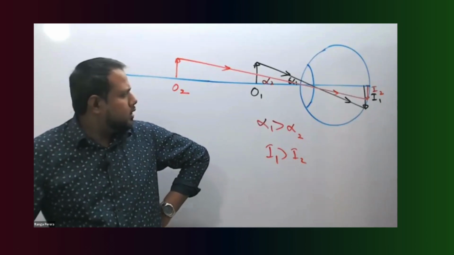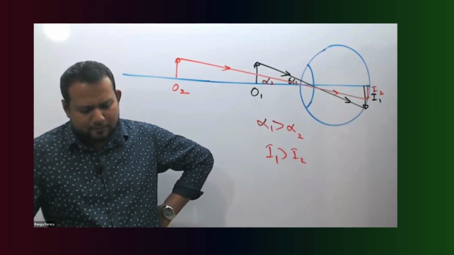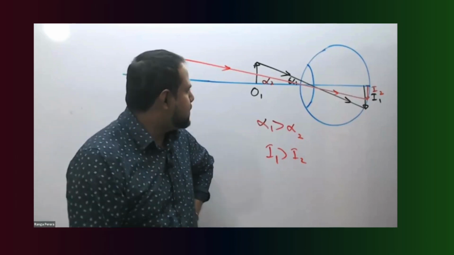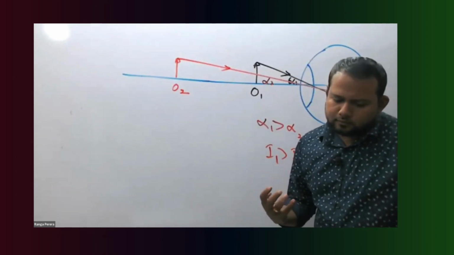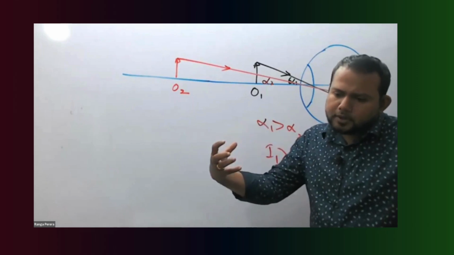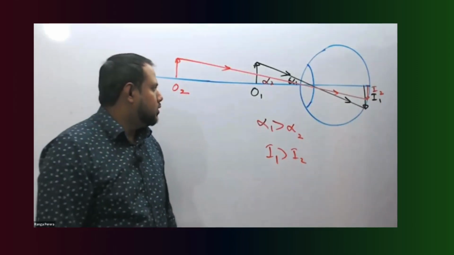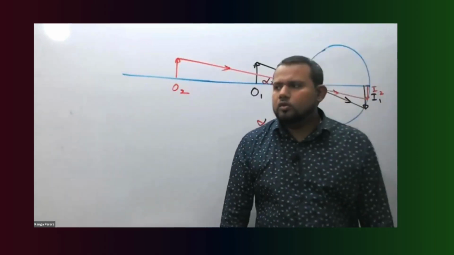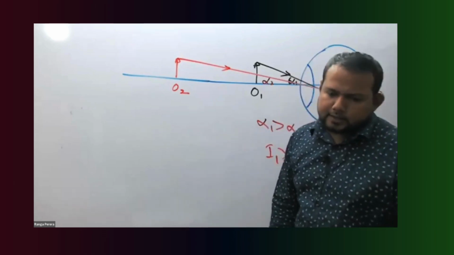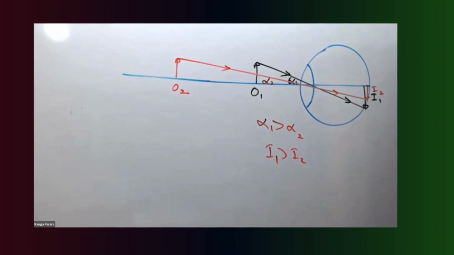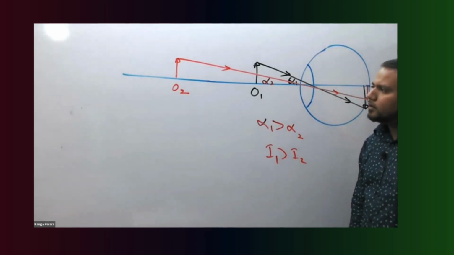We'll write like this: the object O1 appears larger than the object O2, although their physical sizes are the same.